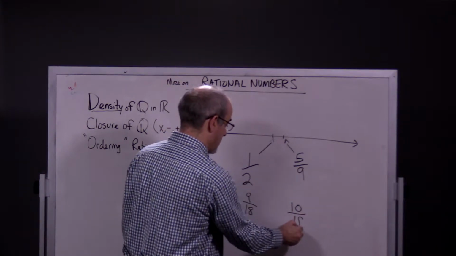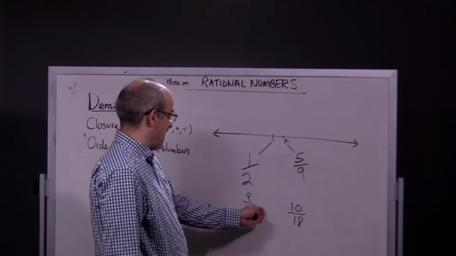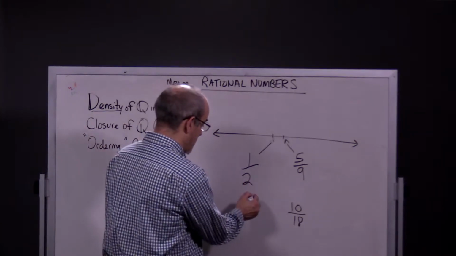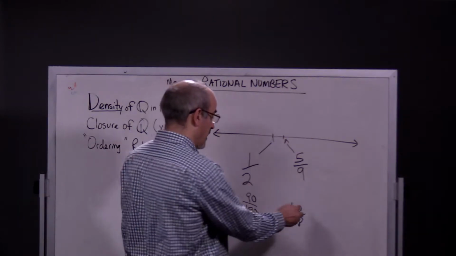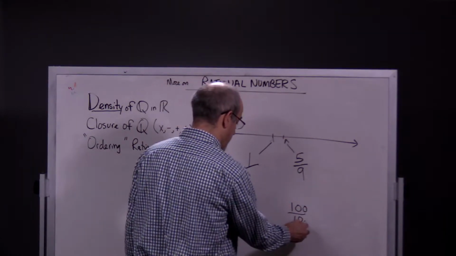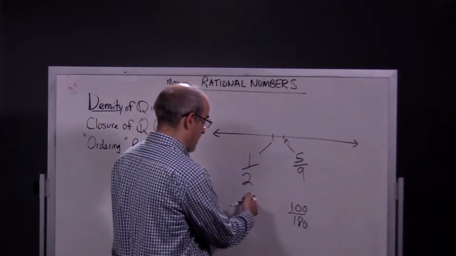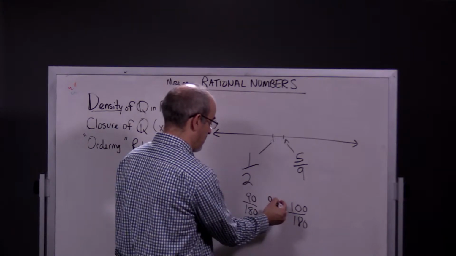Well, if you see what happens, hopefully you can see that. There's still not a number in between those. Well, can I change this to 90/180? That's the same as 9/18. I can change this to 100/180. Now you see that I could pick any number in between 90 and 100, such as, I'll pick 94.